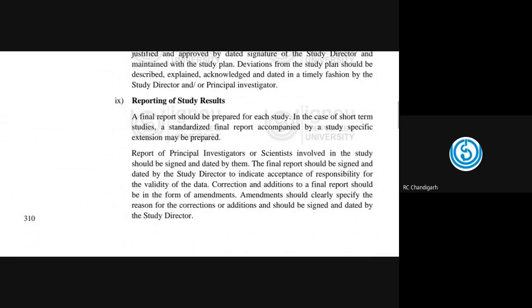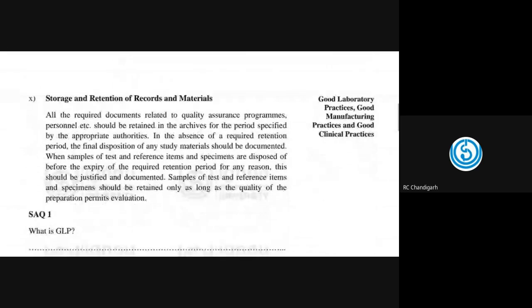In the case of short-term studies, a standardized final report accompanied by a study-specific extension may be prepared. Storage and retention of records and materials. All the required documents related to quality assurance programs, personnel, etc. should be retained in the archives for the period specified by the appropriate authorities.